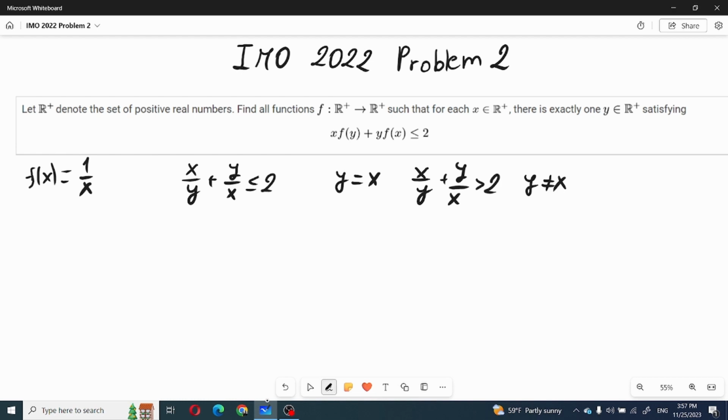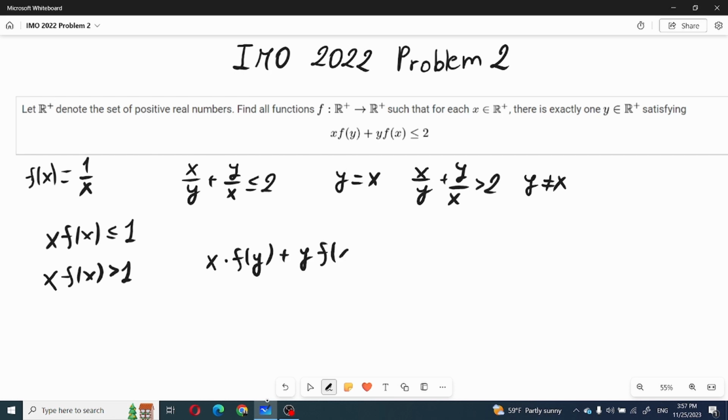And the first step is to notice that x times f(x) must always be less or equal to 1, and why it is correct. Let's assume that we have found some number x such that x times f(x) is more than 1. In this case, for x there must be some y such that x times f(y) plus y times f(x) is less or equal to 2.